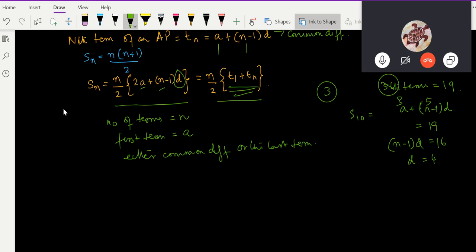But if I don't tell you this term, I just tell you that there is a term which is 19, and it is the nth term of the sequence. The nth term is 19, right? So find out the sum of the first 10 terms.